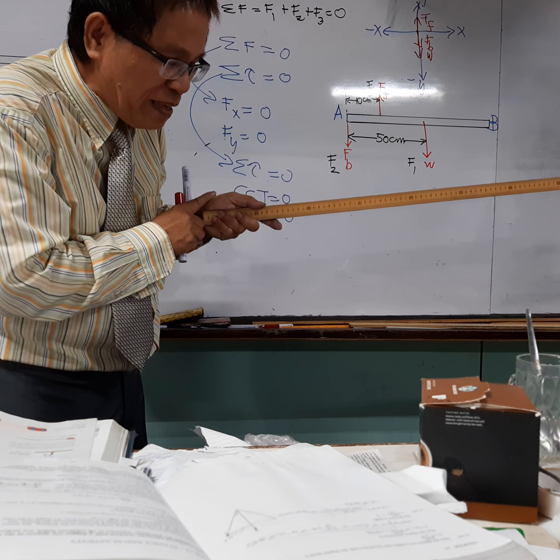Now, our F1 is equal to the weight. By the way, weight is negative, going down, going to the negative y-axis. Our F2, also negative, going down, look at the arrow. This is FB, the back portion of the hand.